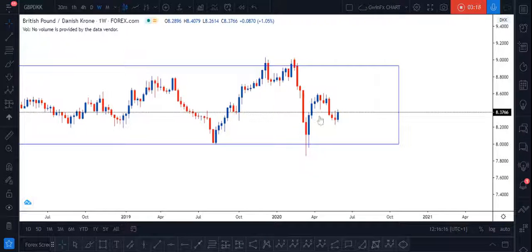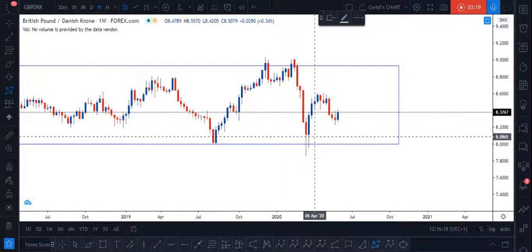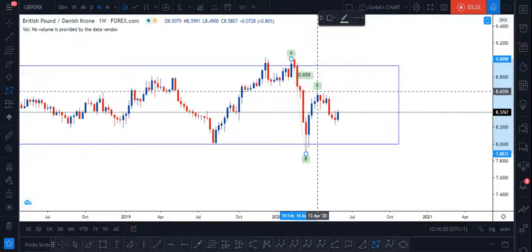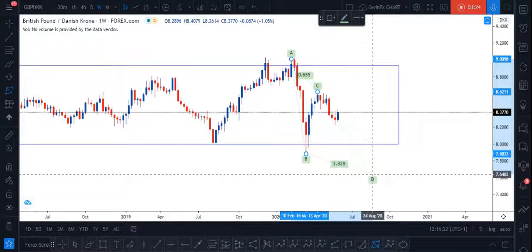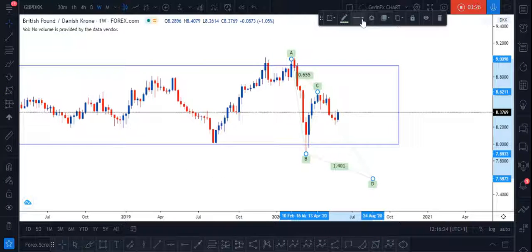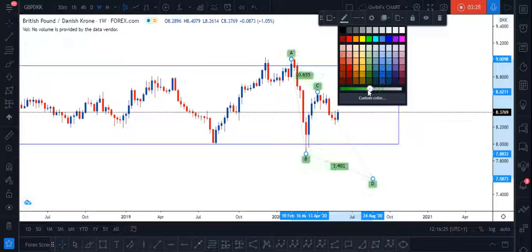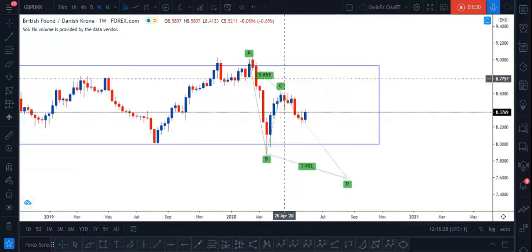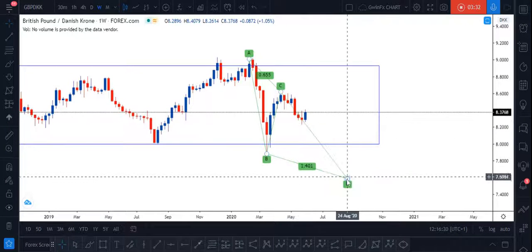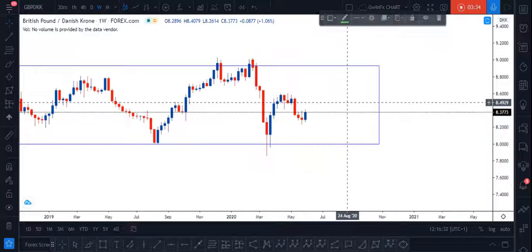But we will not draw conclusions now, because it could just run into this kind of pattern, AB equals CD, but that we cannot say for now.